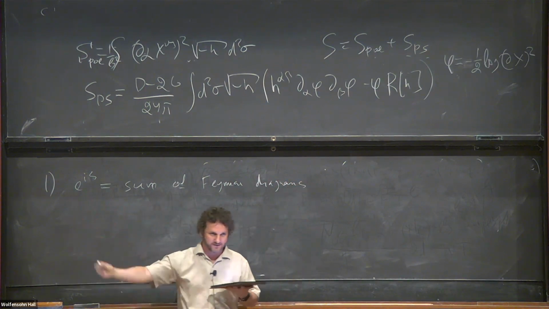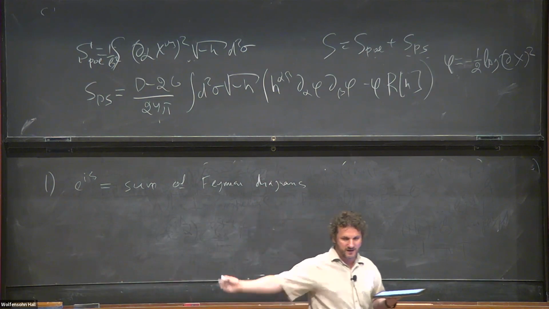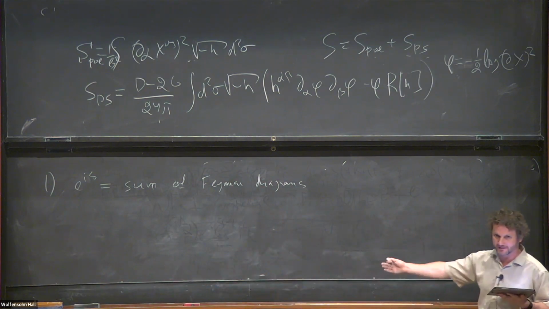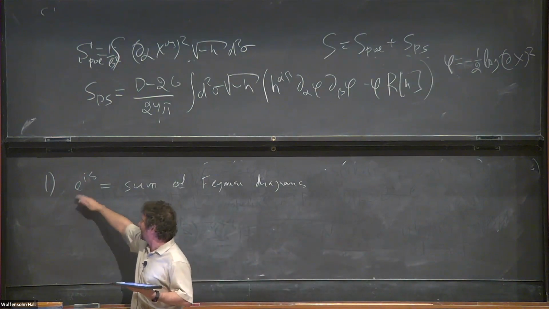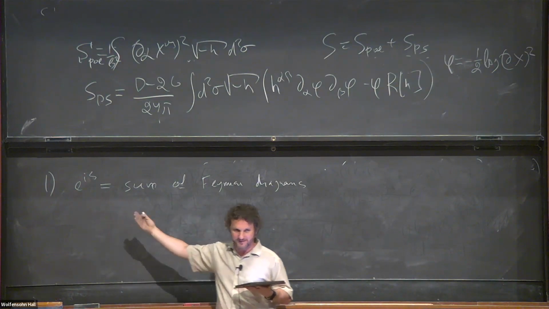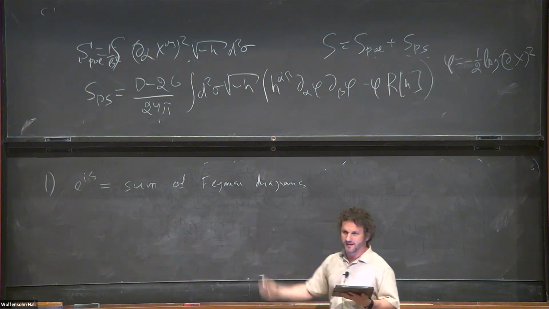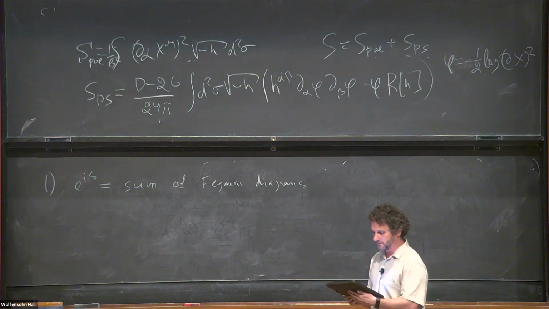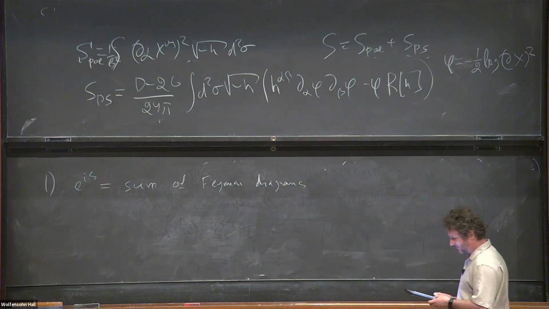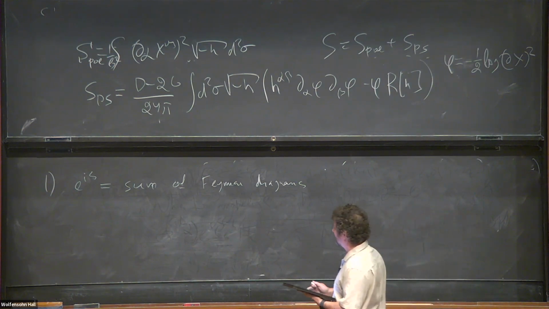The series for the exponent is an absolutely convergent series, and that means there are no non-perturbative effects in this S matrix. So really, order by order in the Lorentzian expansion, every term here is coming from Feynman diagrams.